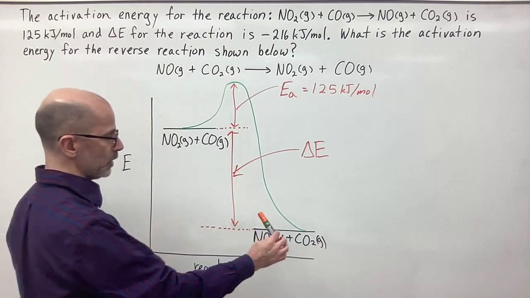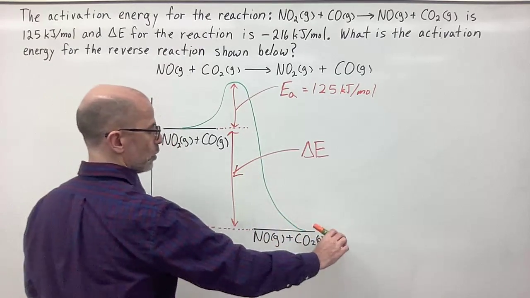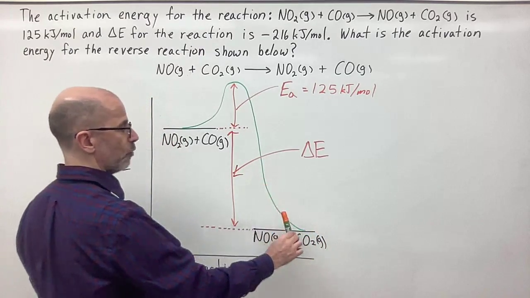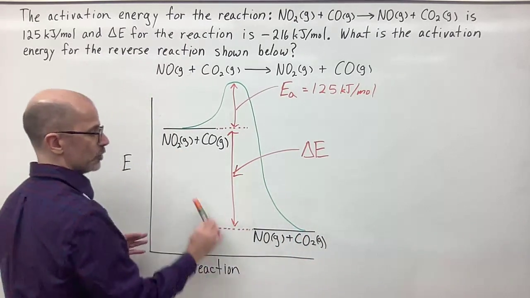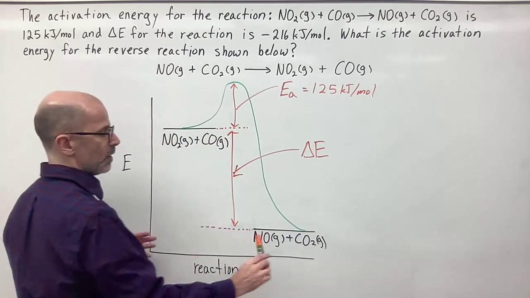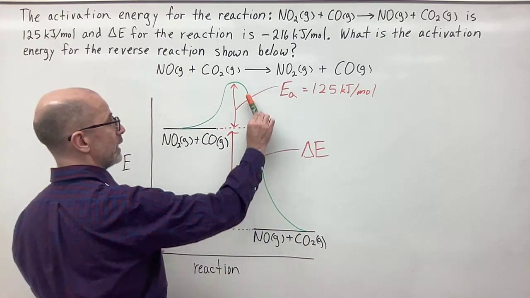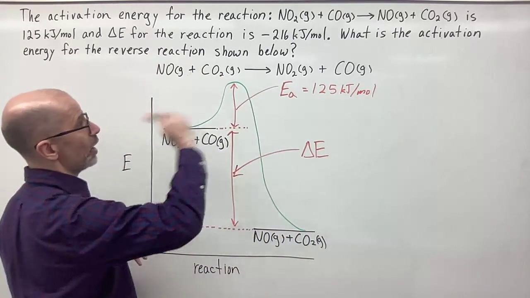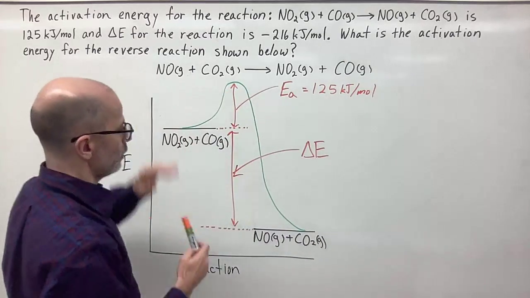But if you look at the picture, we would have to go this way in order for these to react and form products. So now we have these as the reactants and these as the products. So you can see right away that you would have to go up here. And so now they're asking, what is the activation energy for the reverse reaction?